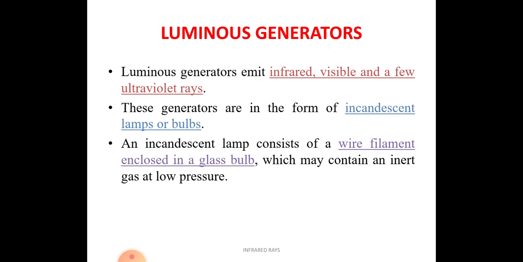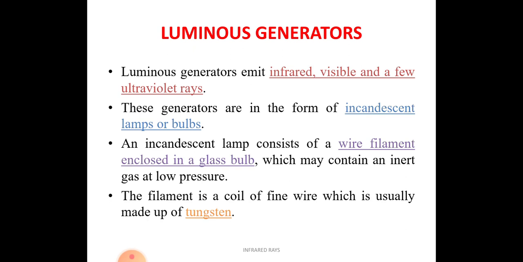So there is a wire filament inside the glass tube, and surrounding this filament you have inert gas at low pressure. Inert means inactive. Whenever the filament is heated, it will also produce ionization and heating of that particular inert gas, and you will have light.